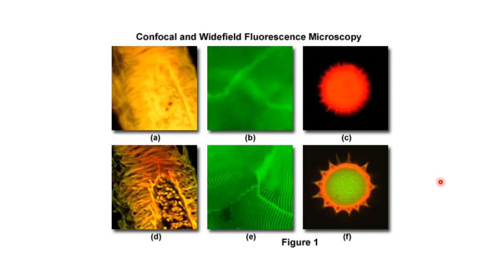The images on top are relatively blurred because light coming from many planes is contributing towards this image. On the other hand, the images shown in the bottom panel are better, well resolved, and of better quality because they represent light coming from only one particular plane of the specimen.